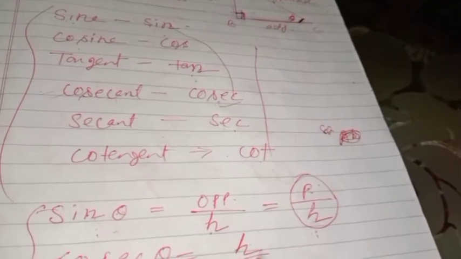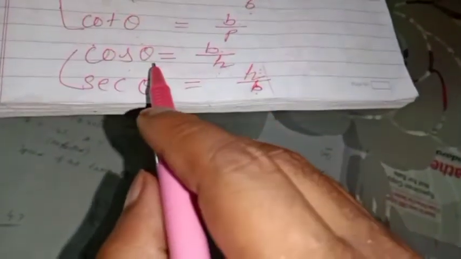Similarly, before that I want to say something about cosec. Already I told you the reciprocal of sine is cosec. If sine theta is opposite side by hypotenuse, then cosec is hypotenuse by opposite side. That means if it is P by H, it will be H by P. Understood? Now next, cos.